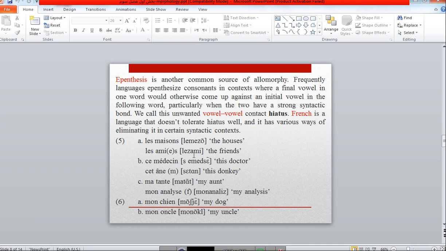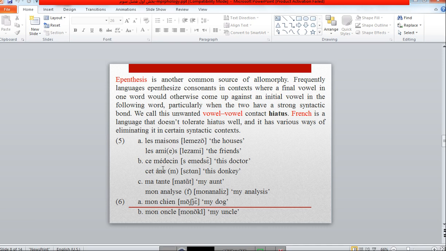So we put some consonant between these two vowels, and we call it les amis. You see here we put a consonant between these two vowels, we call it epenthesis.